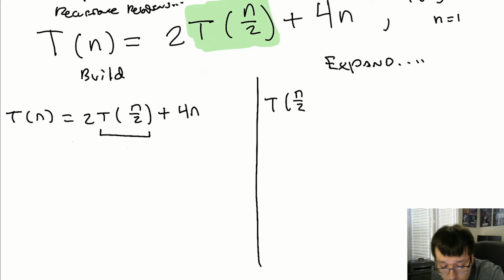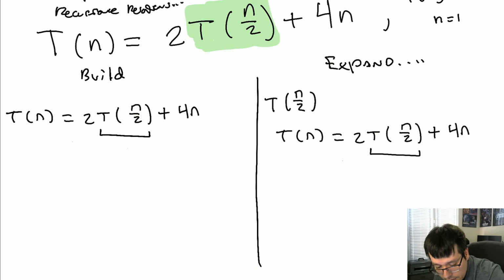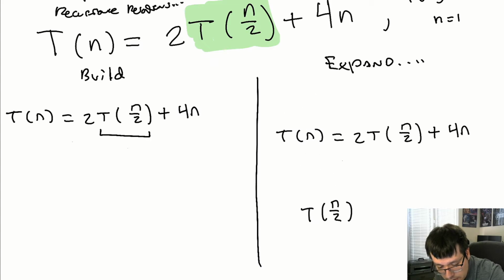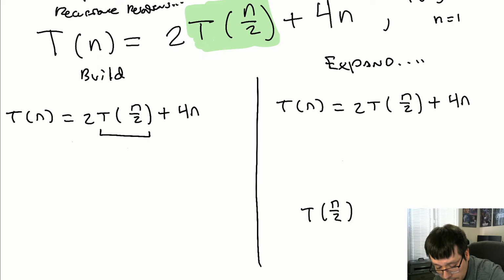So I know what the formula looks like when it's just T of n. However, in this specific scenario, I'm trying to figure out T of n divided by 2. So that you get what I'm saying, let me just write that down twice here. So I have this here. In fact, let me move this for now, down here. So I have this. I know that this works because that's what I was given, okay?